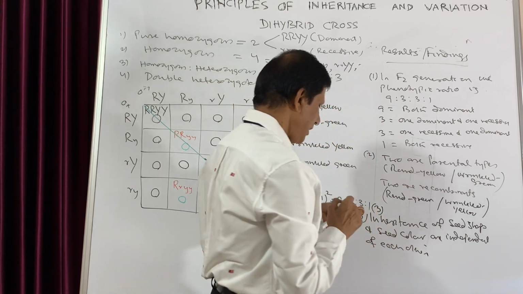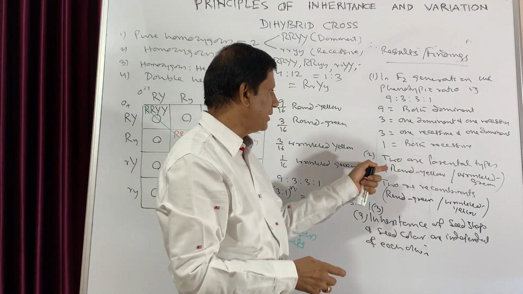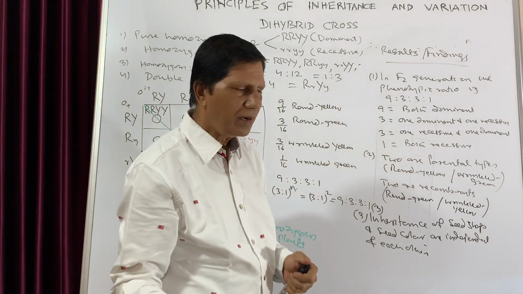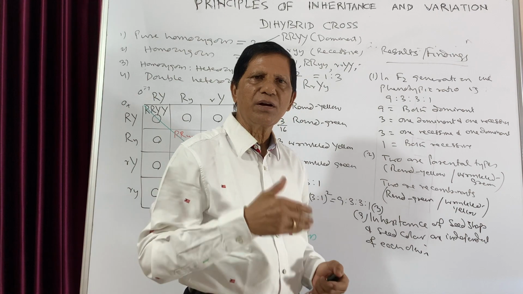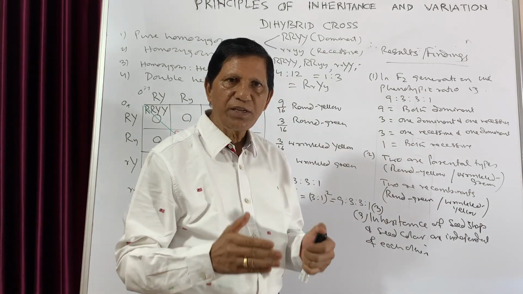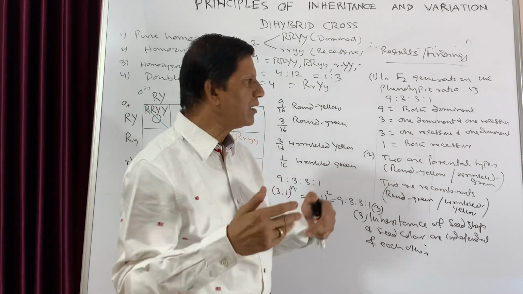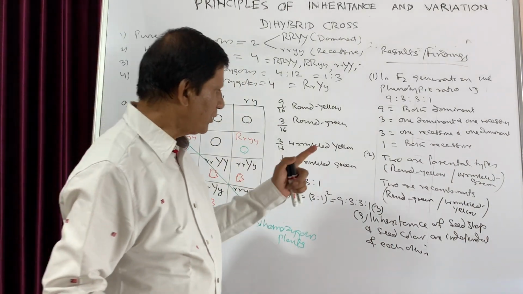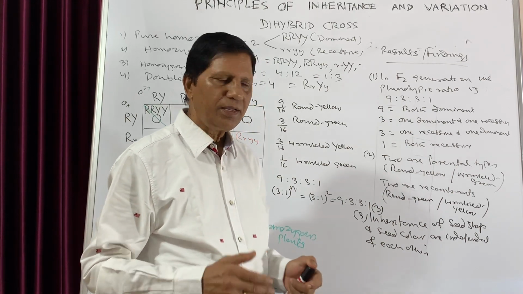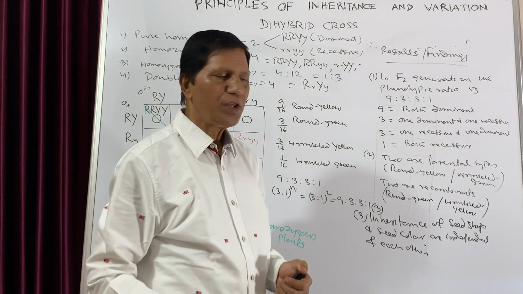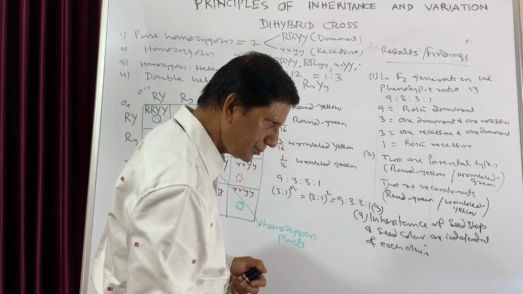That is why the round shape also combined with the green one, and the wrinkled one also combined with the yellow color. It is because of the independent assortment and random fertilization as shown in the Punnett square. From this finding, the law of independent assortment was derived. So these are the important findings.